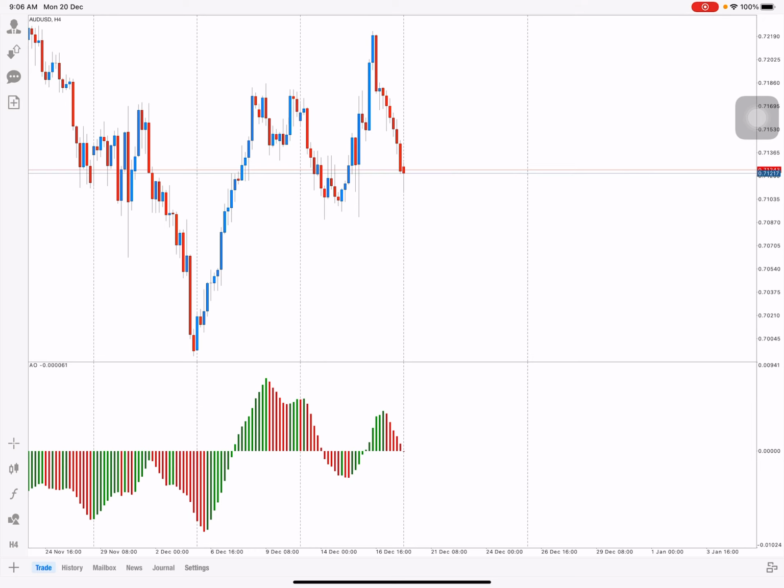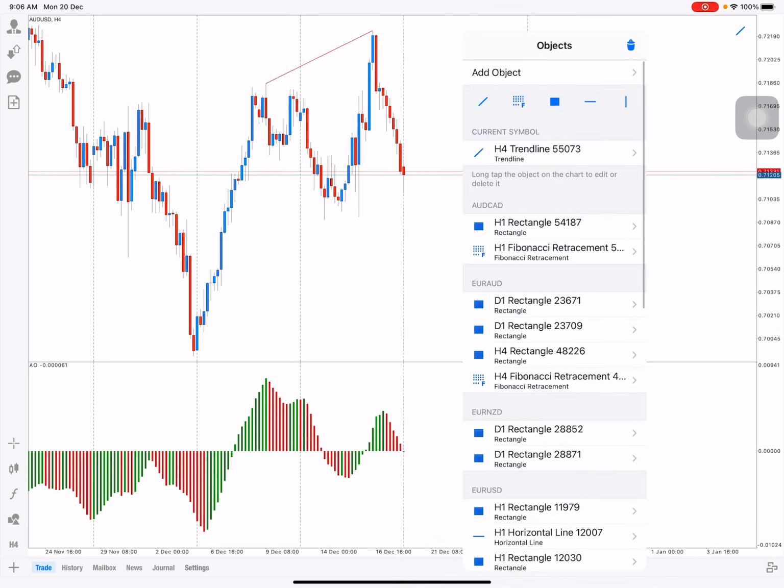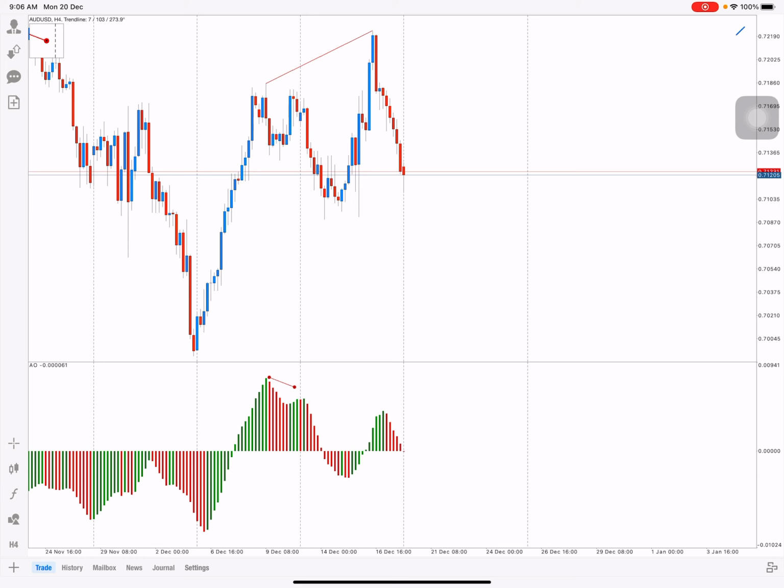Well, the first thing is I've seen a very good divergence here. Usually divergence is one of the early signs that a currency pair will actually make a correction on top of the current trend.